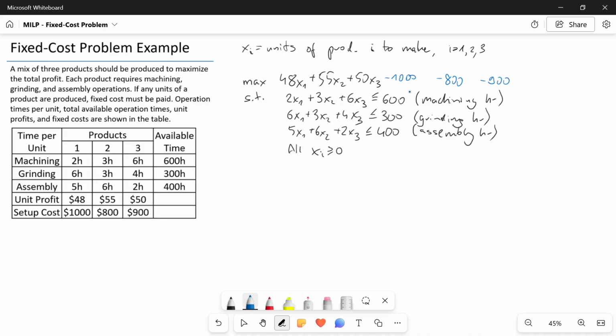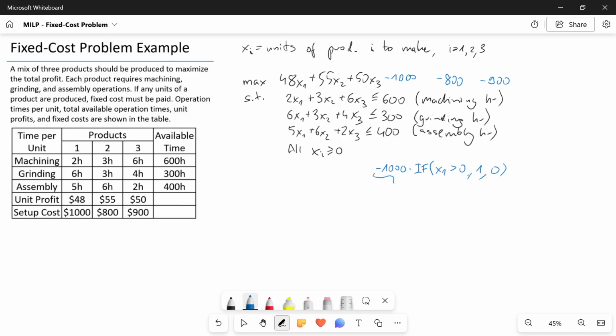So the better way to implement this would be to put in the objective something like minus 1000 times, and then if we could implement in Excel, something like: if x1 is positive, then put 1 here, otherwise put 0 here. So multiply this 1000 by 1 or 0 depending on x1.